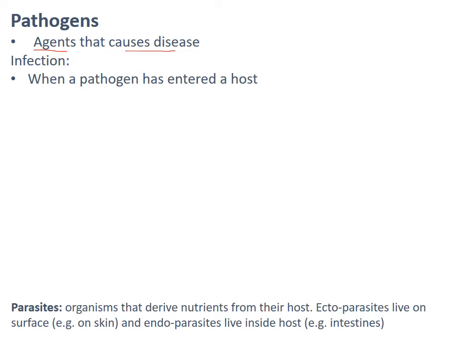We often think about infection as being when you're sick or you've got a wound and it's infected and it gets all pussy and gross. But basically an infection is when a pathogen has entered a host. So when something that can cause disease has entered the body in some way. And we'll look a bit more at how that happens later on.